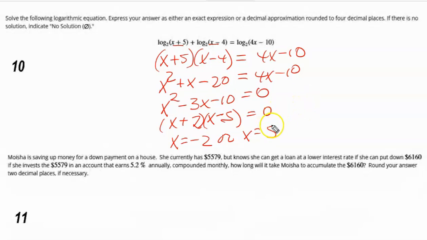Now here it's a case where we have to check whether our values make it a true statement. Now if x is a negative 2, here we would have a value of 3. That would be okay. But here if x is a negative 2, with our negative 4 there, that would make this a negative log.